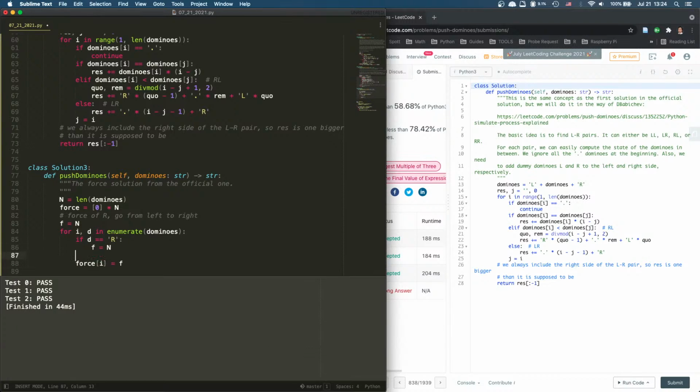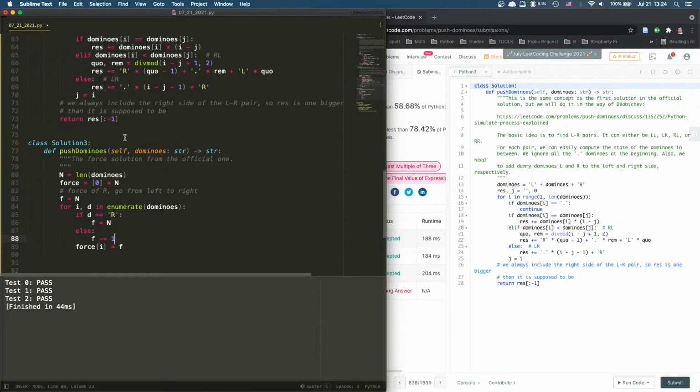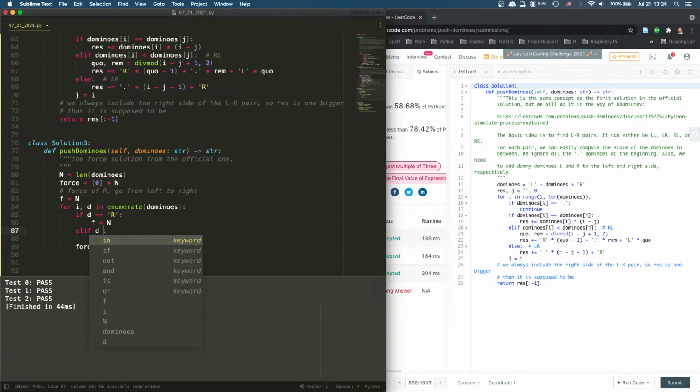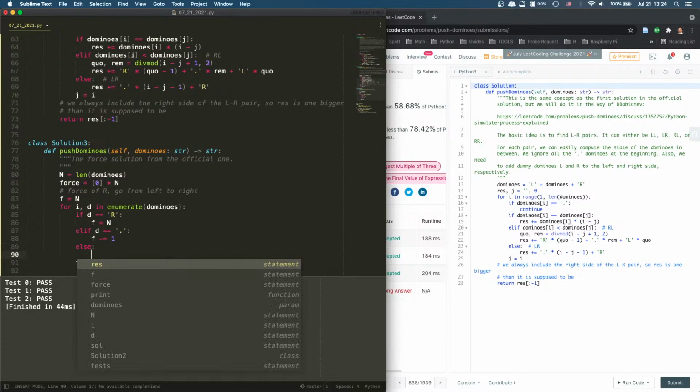Else F minus equal 1, right? F always decreasing, and then we record the force. If it's R, else if D is equal to dot, then we do this. And what if we encounter a left? Then it's all 0, right? Else F equals 0.